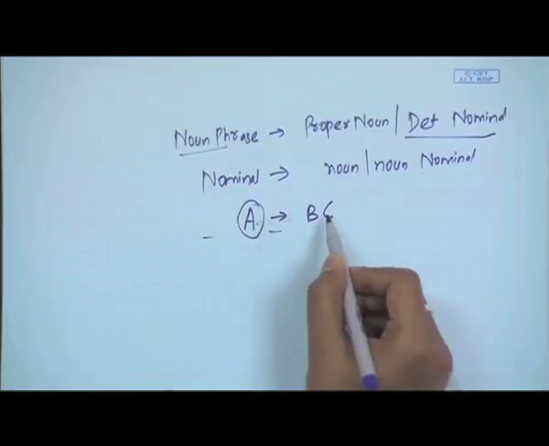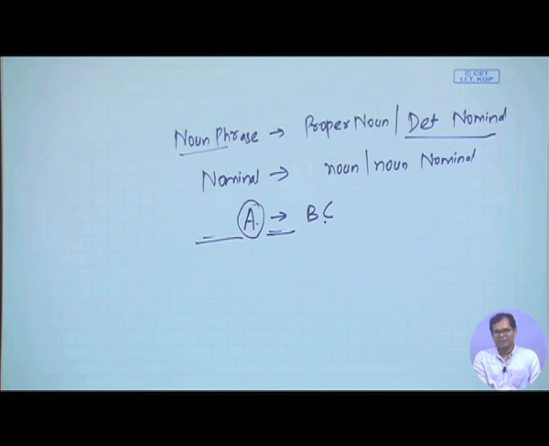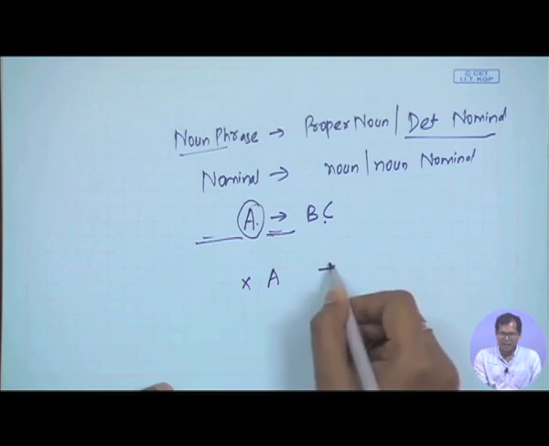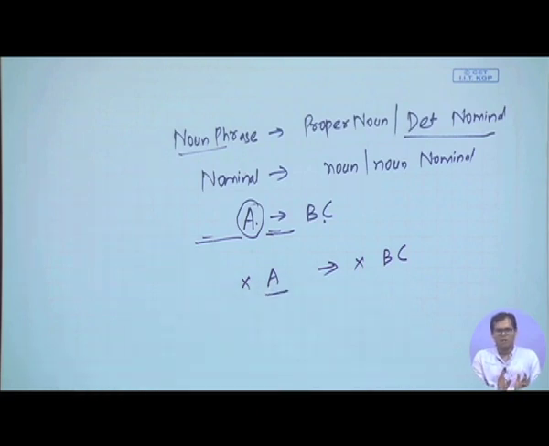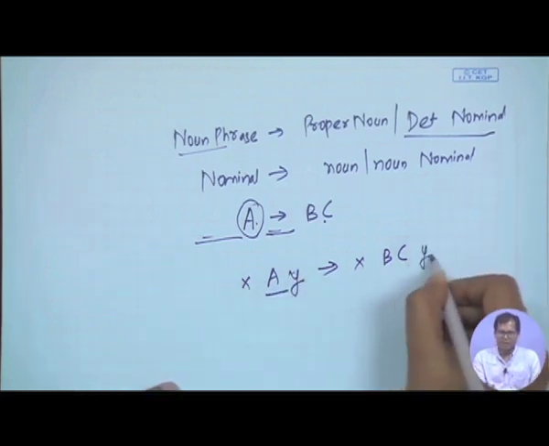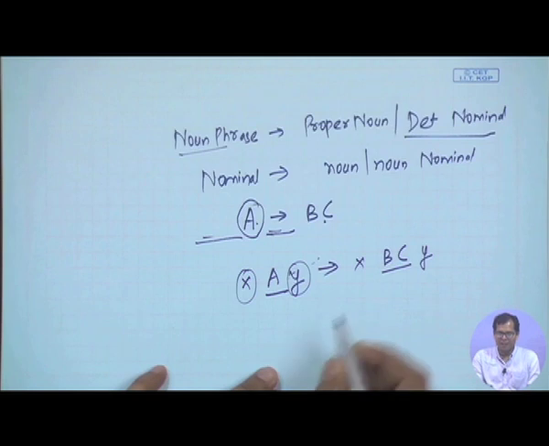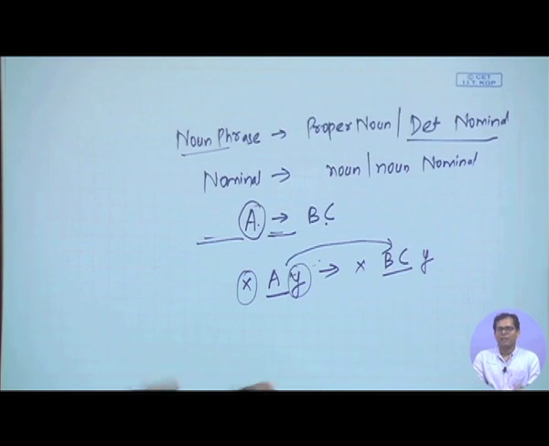So, I can always write A goes to BC irrespective of whatever is around my symbol A. Even if I have x A y, I can use A to derive x BC y, irrespective of what x or y is. These x and y are immaterial, they do not matter. They can be null, they can be whatever. Similarly, whenever I see a BC, I can always infer A. It might have come from A, independent of the context of BC.